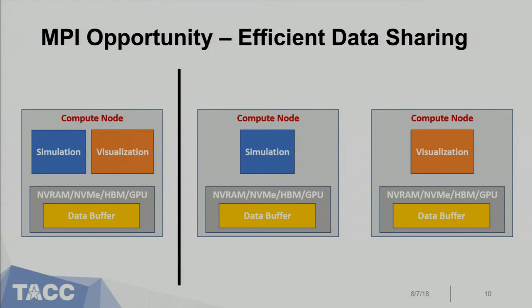And then certainly when you're dealing with distinct compute nodes in the same machine, there's the opportunity to use things like dynamic and adaptive MPI sensing to when the simulation and the visualization nodes are communicating, and how to route that most efficiently.